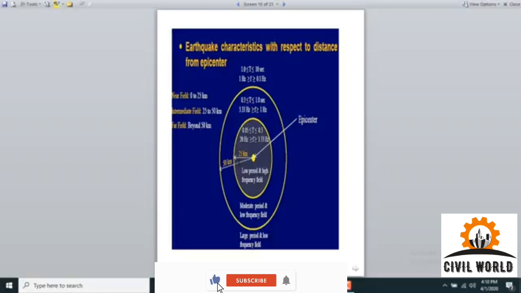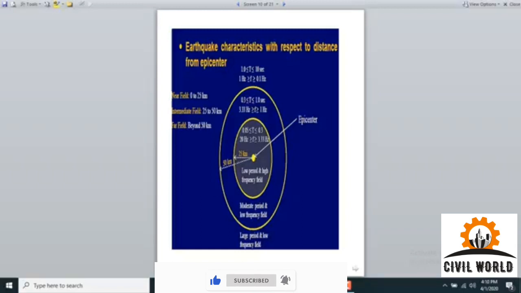Research shows that the distance within a radius of 25 km from the epicenter is considered the most dangerous. The structures within an epicentral distance of 25 km or smaller will have the maximum impact of the earthquake. We also call this zone the earthquake red zone.